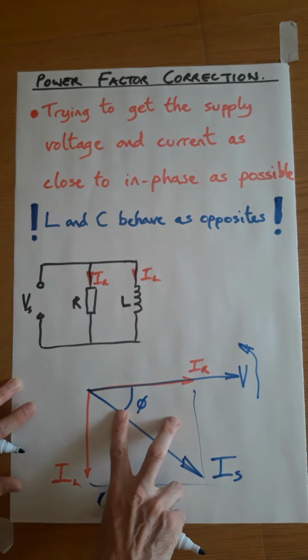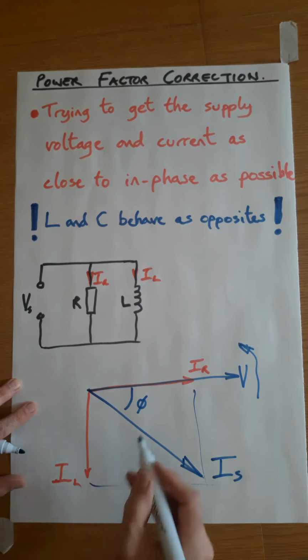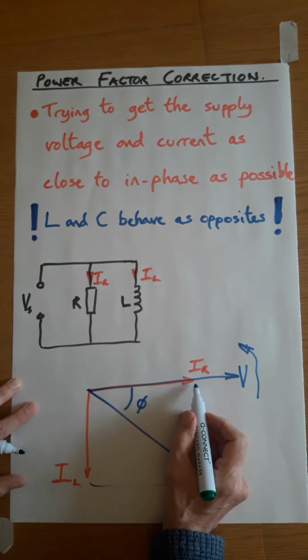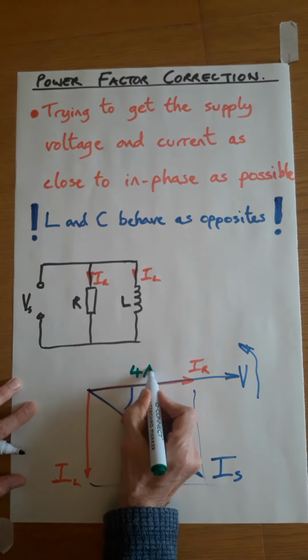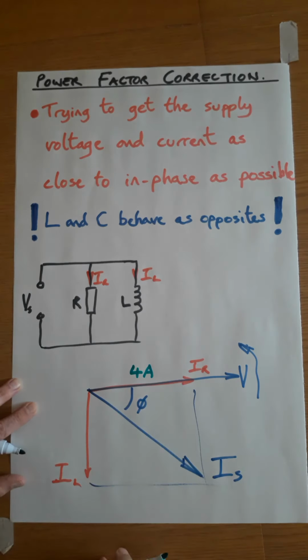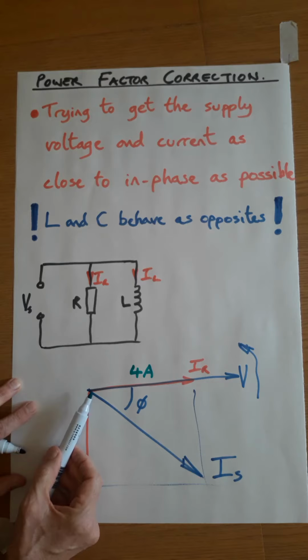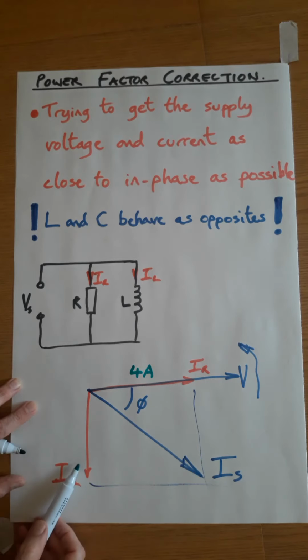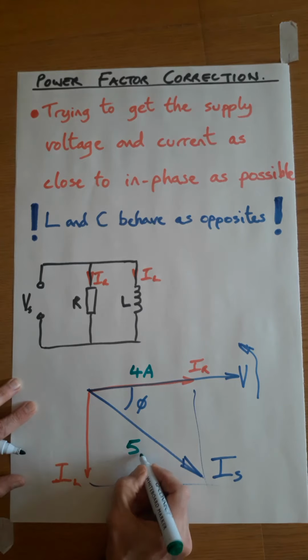If we just stop and look at this diagram for a moment, and I put some numbers on it, only the resistive current does useful work. 4 amps. So it's 4 amps that we need to run that motor. However, because of the reactance of the coil of wire, it creates a 90 degree shift, and the resultant current that comes through the supply is 5 amps.